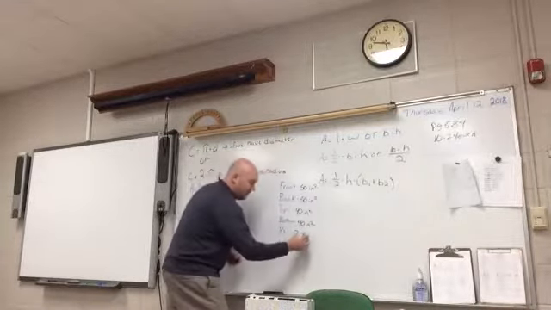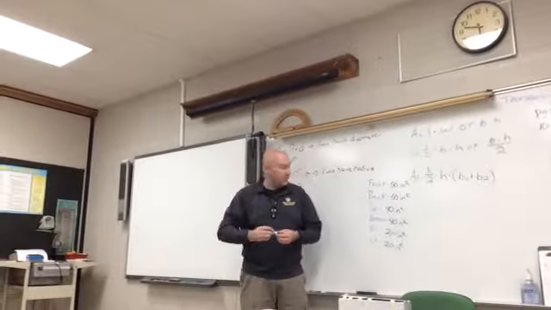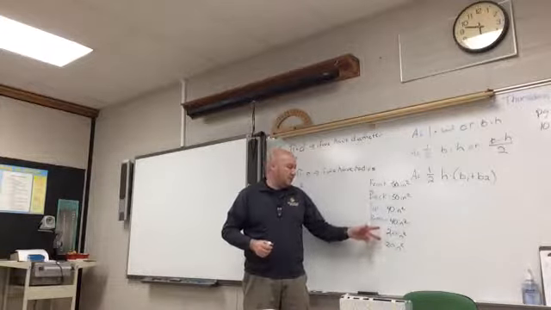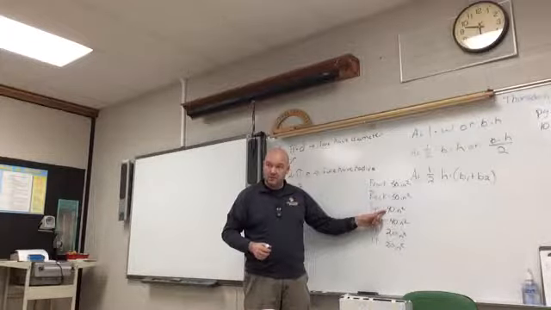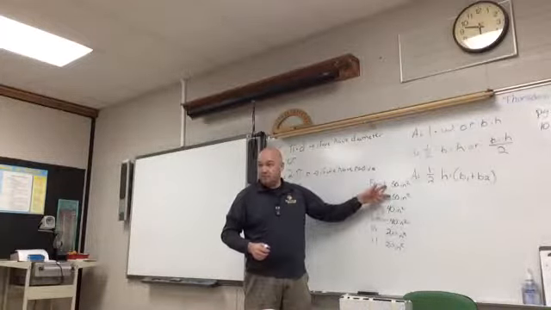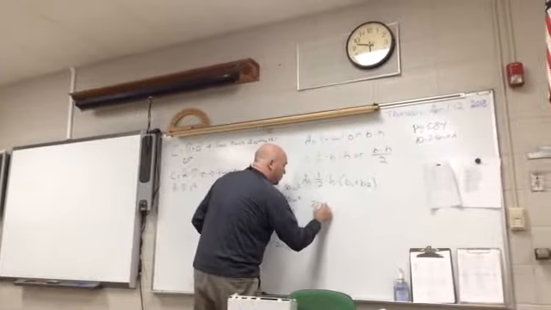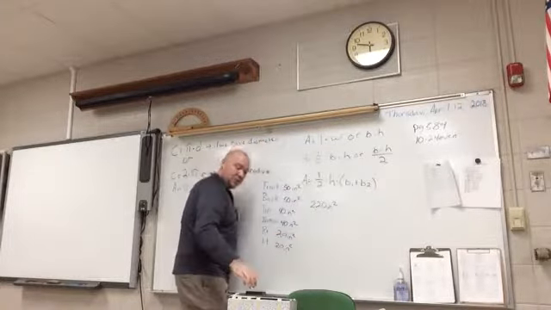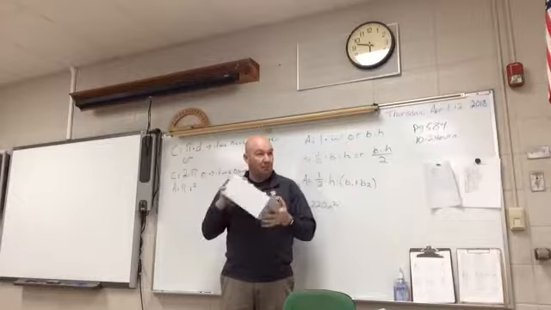And then if we wanted to find the entire surface area, all we do is add all these up. We got 20 and 20, which is 40, plus another 40 is 120, plus 100 is, so the whole thing is 220 square inches. That is the surface area of this whole thing.